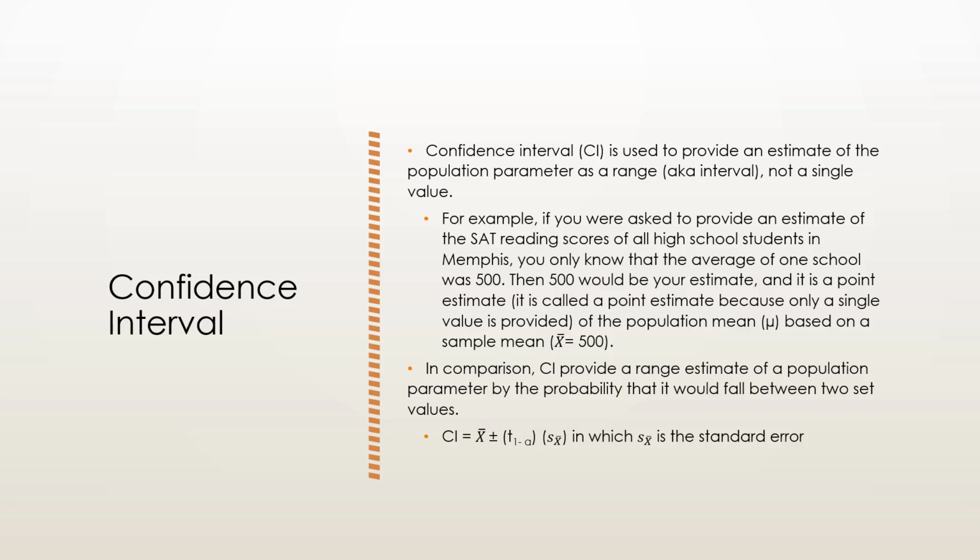The formula is CI equals the mean of the sample plus or minus t with a subscript 1 minus alpha times the standard error. Continue with our rating score example. We know that the sample mean is 72 and the standard error is 1.5.